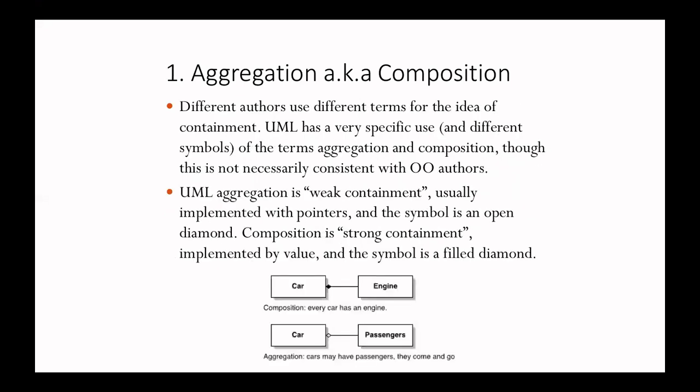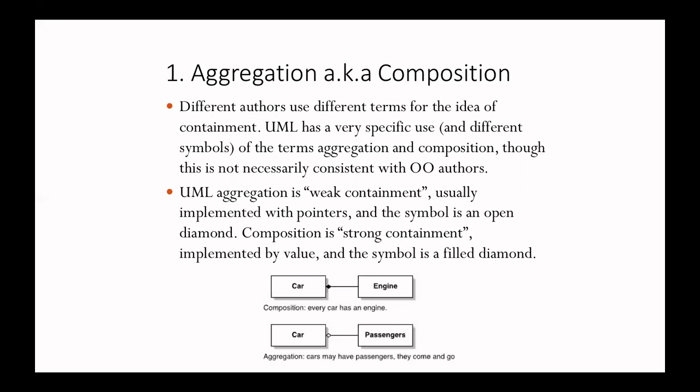Different authors use different terms for the idea of containment. UML has a very specific use and different symbols for the terms aggregation and composition, though this is not necessarily consistent with object-oriented authors.